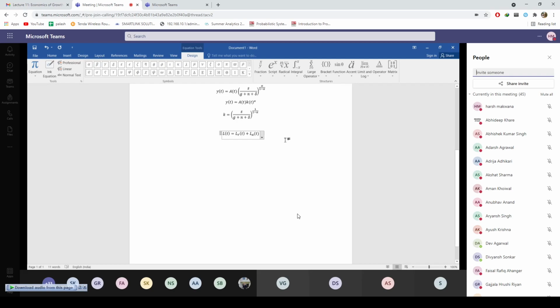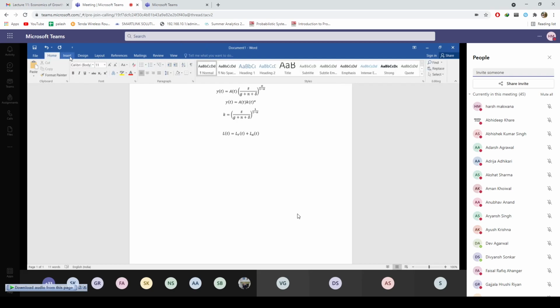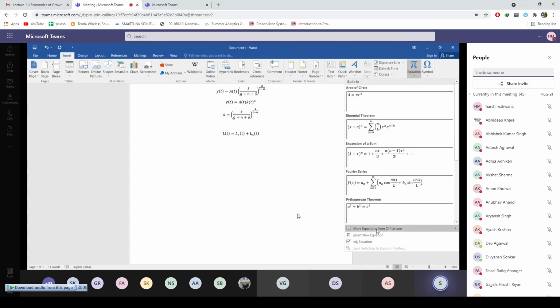And my production function is this. For output production, the production function is this.